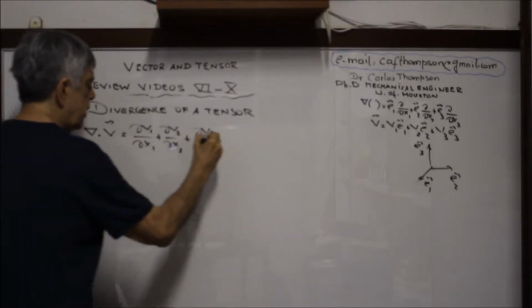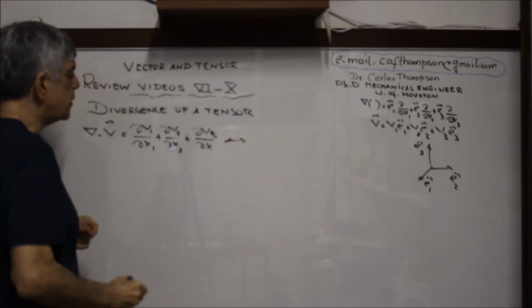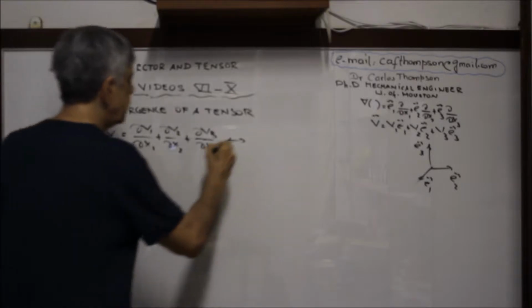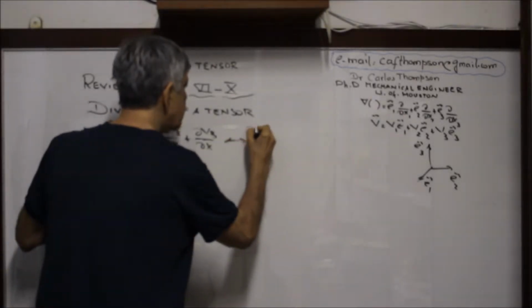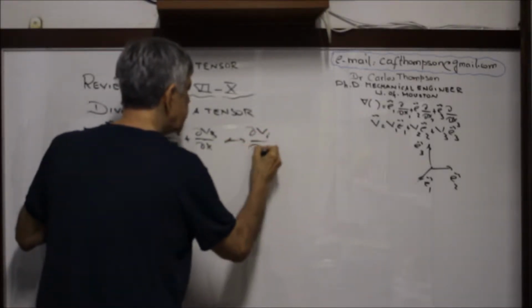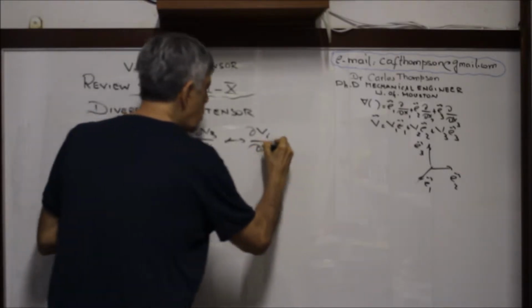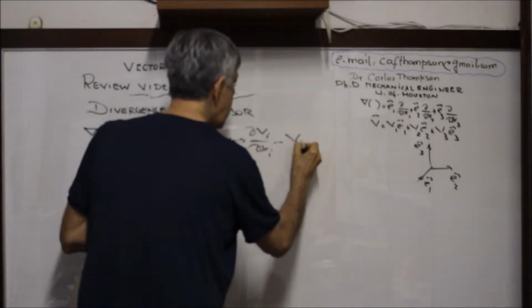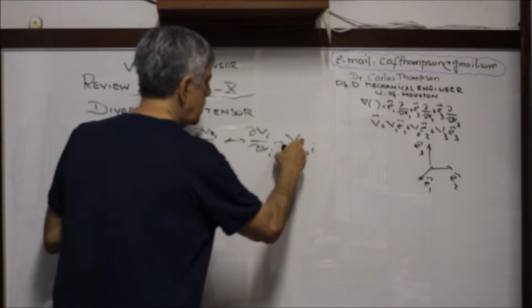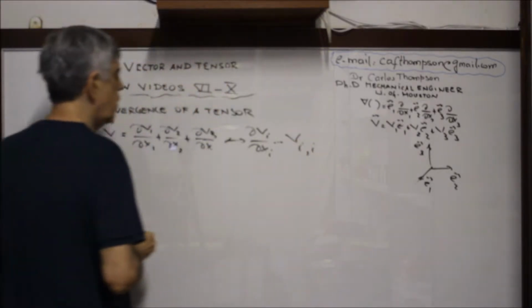Now, in Cartesian tensor notation, you just write down partial of vi with respect to xi, or vi comma i, as you saw.